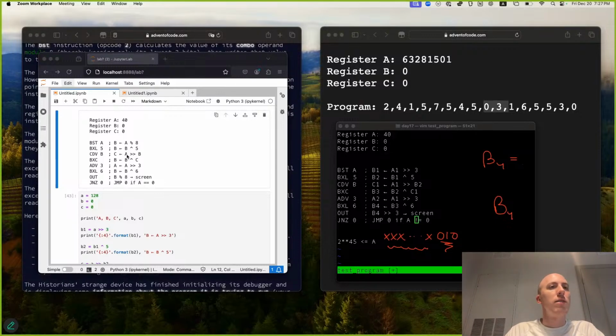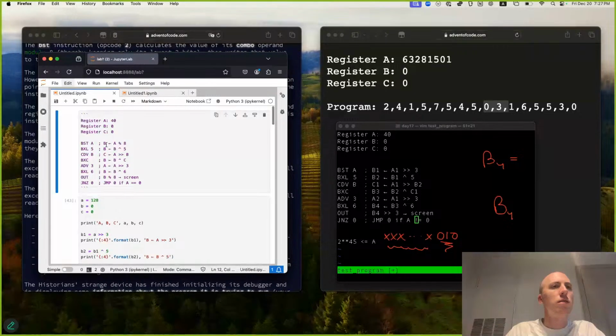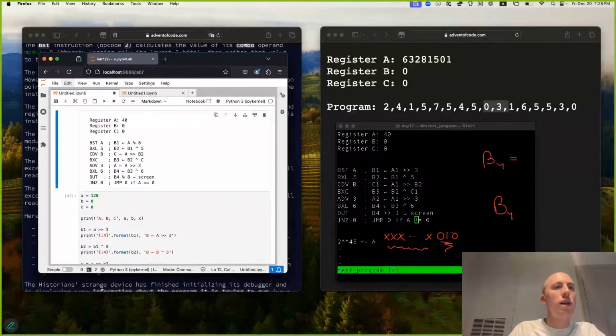I think I want to go back to the indices. B1, B1, B2, C and A, B2 to B3. That's fine. Just keep that as that. B3 to B4, and then B4 goes out.